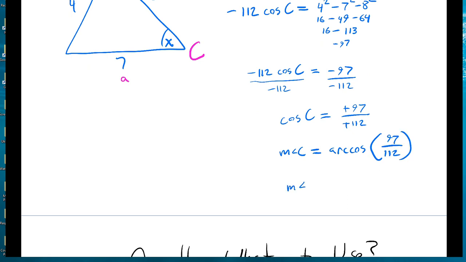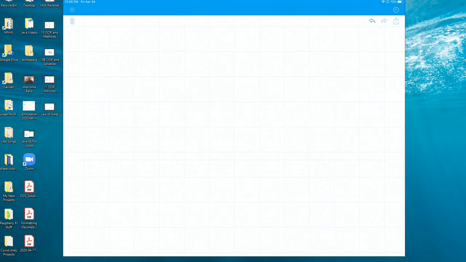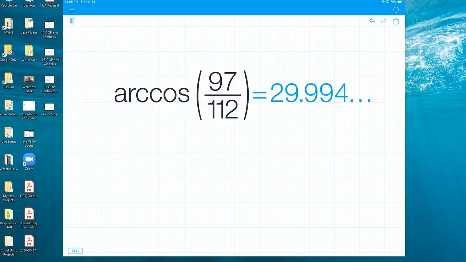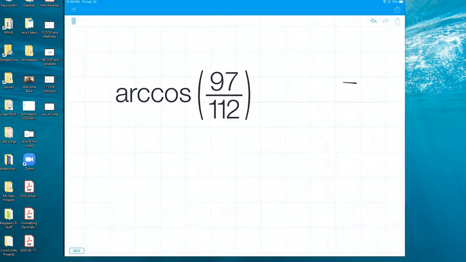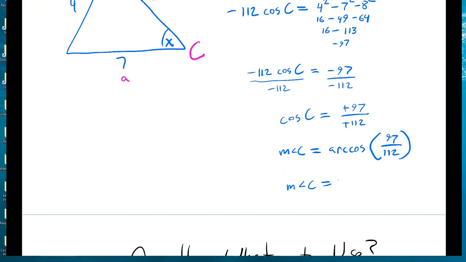So the measure of angle C equals arc cosine of 97 over 112. Okay, so we get almost exactly 30. It probably said round it, so let's just round it to 30. So this is 30 degrees.